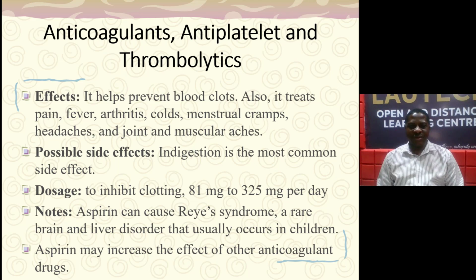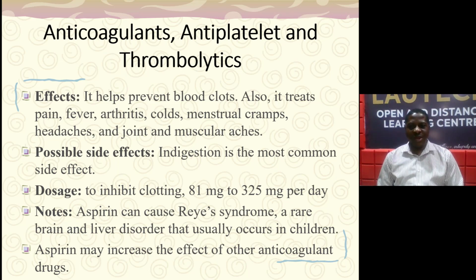Presently, you discover that in this group, examples that are common are dispirin and fesoprin. All these contain aspirin at 75 milligram by single dose. Note, aspirin can cause Reye's syndrome, a rare brain and liver disorder that usually occurs in children.